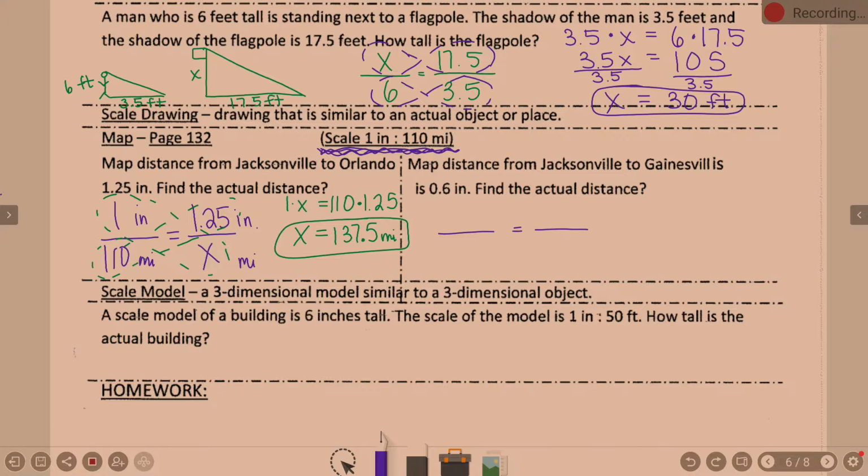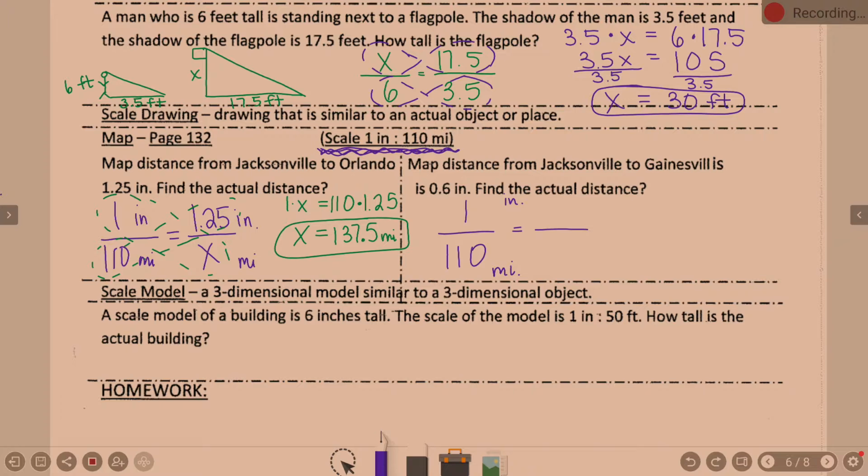What they gave us is half of this, right? What's the given I already know that I can set up? 1 over 110. Were we given 1 to 110? A scale of 1 to 110 means I'm going to put 1 over 110. Now that 1 represents inches.